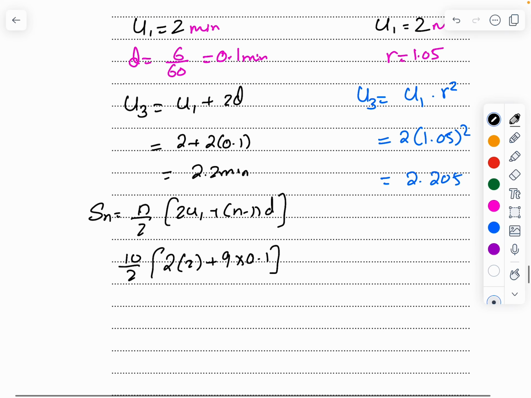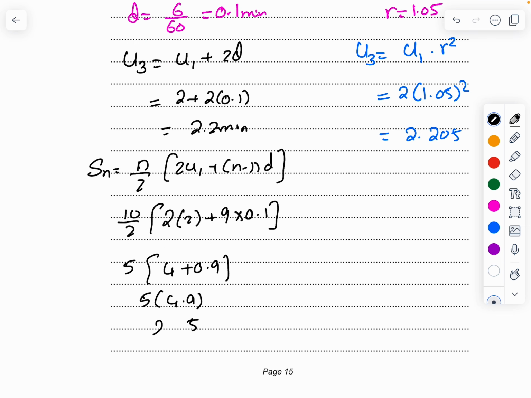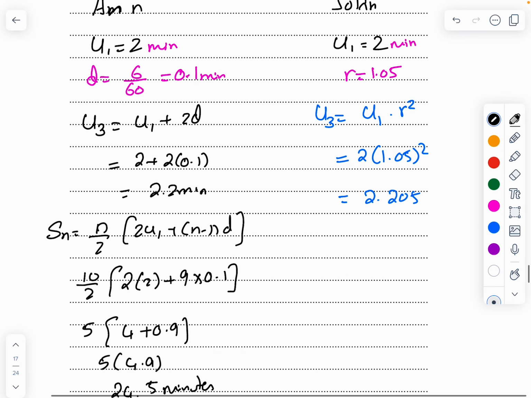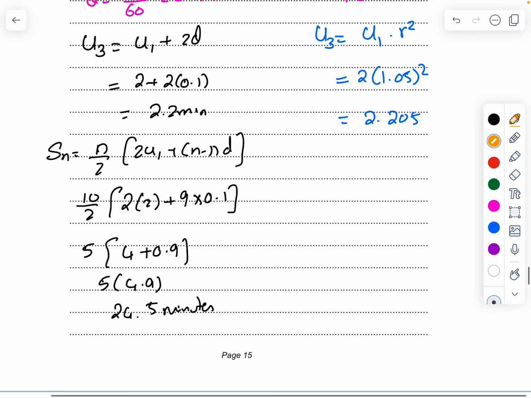This gives 5 times 4 plus 0.9, so 5 times 4.9, which is 24.5 minutes. Next, find the time taken for John to swim a total length. Again using the Sn formula, U1 times r to the power of n minus 1 divided by r minus 1. Simplify that, 25.2 minutes.